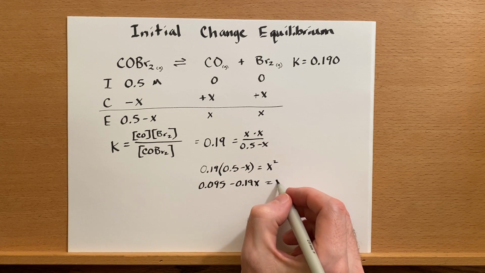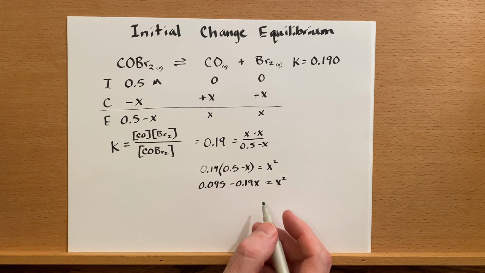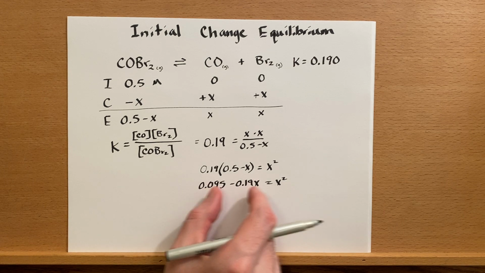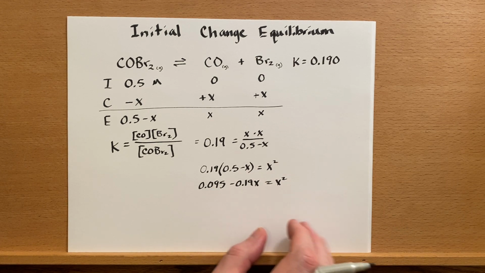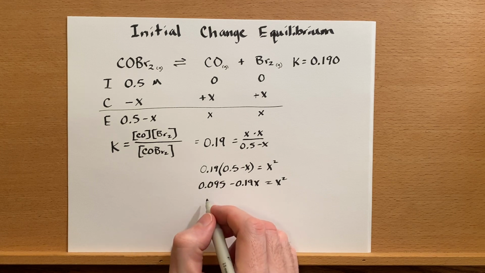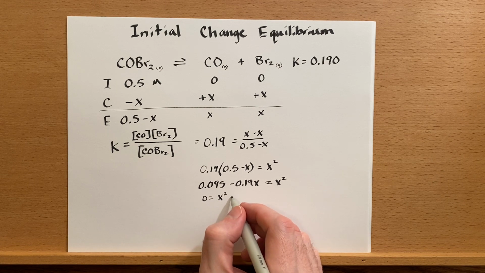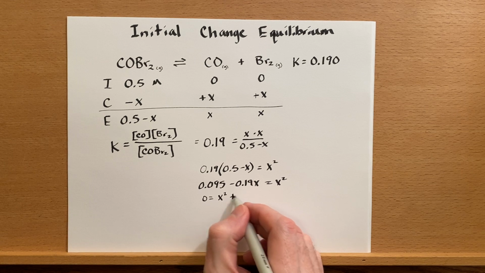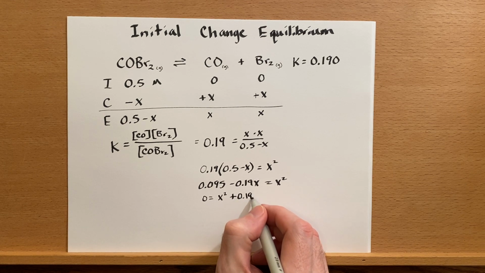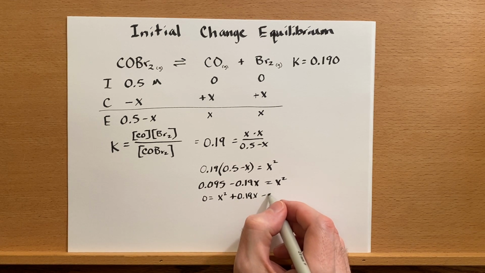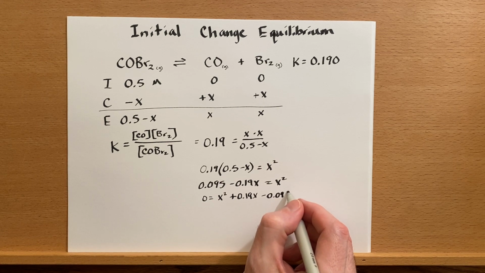And that all equals X squared. Now we're going to want to move all of these over to this side so that we can use our quadratic formula. So that is going to look like this. 0 equals X squared plus 0.19X minus 0.095.